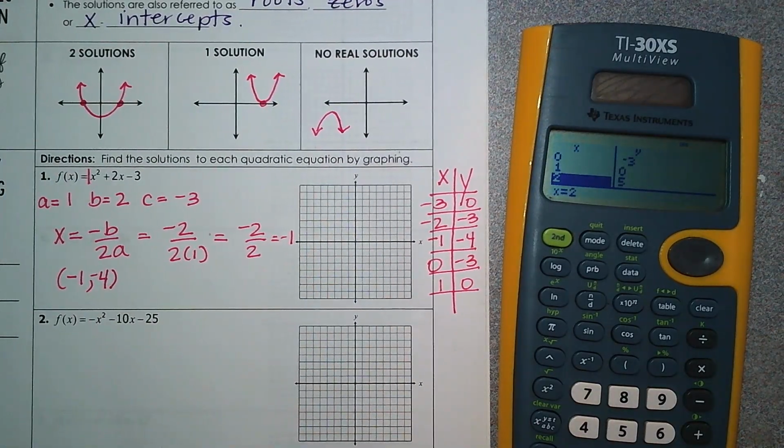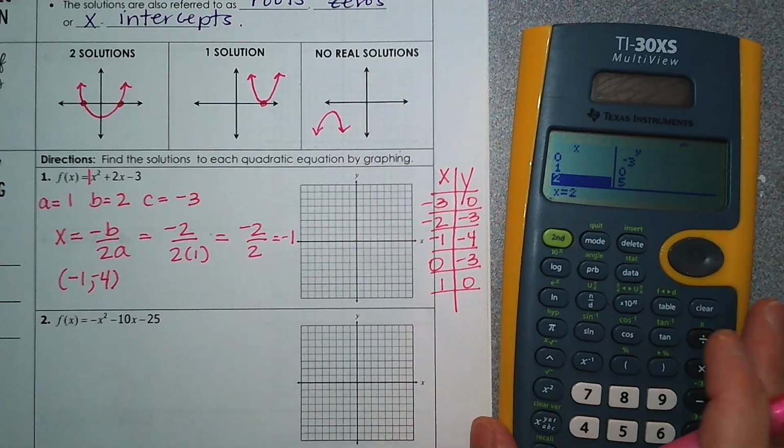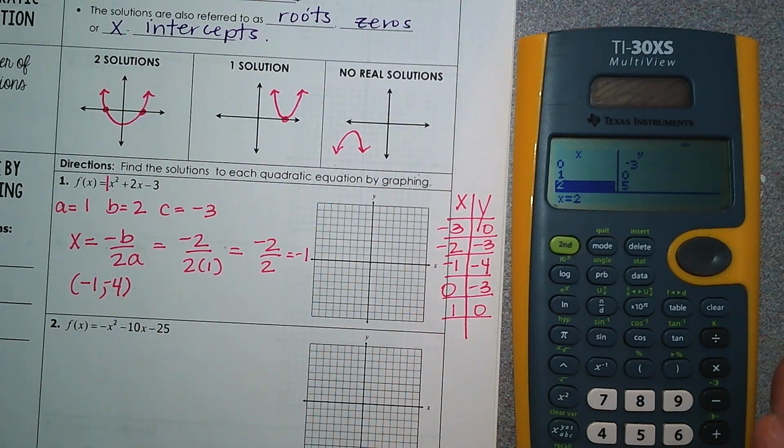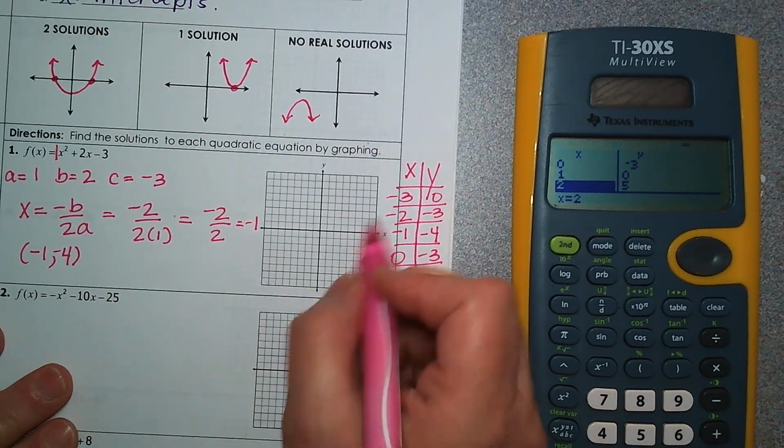When you are graphing these parabolas, please plot the points. Don't just draw a random U shape on the coordinate plane. Actually plot the points and connect the dots to draw your parabola.